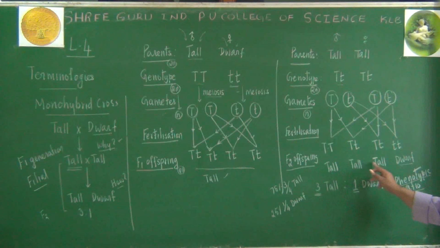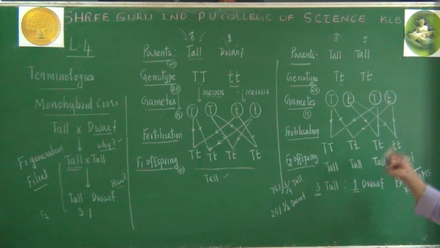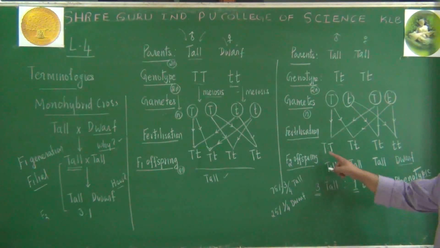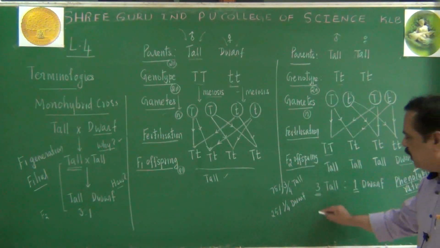Only morphologically you can see 3 of them are tall, 1 of them is dwarf. But internally, if you observe the genetic makeup of these offspring, you can observe one interesting point. Out of 3 talls, 1 tall offspring is homozygous tall.